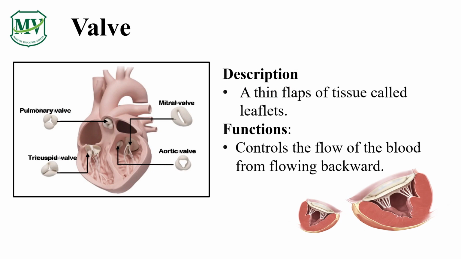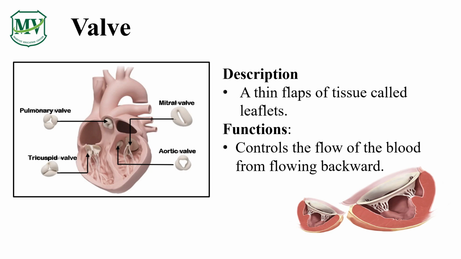Do you still remember that the heart has four chambers? Fantastic! Do you remember what is a chamber? Excellent! A chamber is a little room or space. When you go inside a room, you will pass through a door, right? This is exactly similar inside the heart. The flow of the blood inside the four chambers is controlled by the heart valves, which are like doors that open and close.